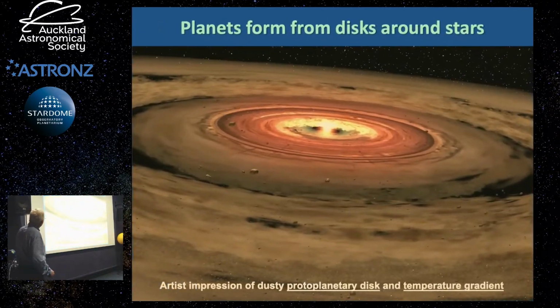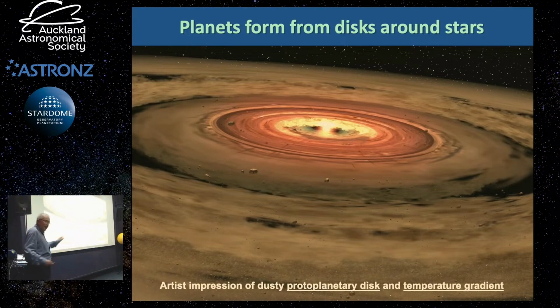Another reason involves this protoplanetary disk, and here's an artist's impression. Here's the young sun forming, and this massive disk, protoplanetary disk, or circumstellar disk, call it what you like. You'll see he's also drawn in what we call a temperature gradient. And it makes sense, doesn't it?